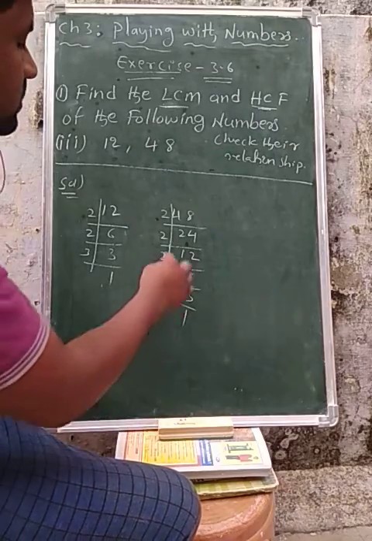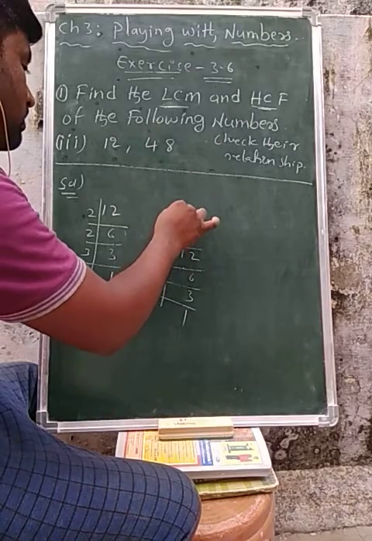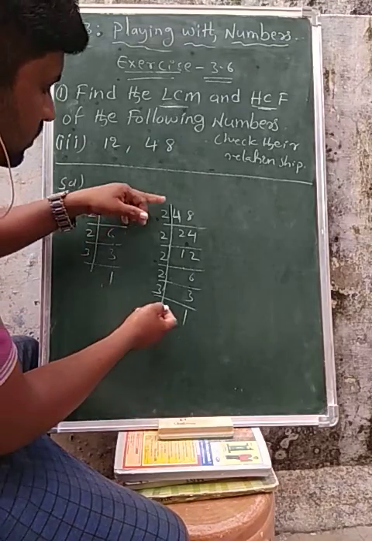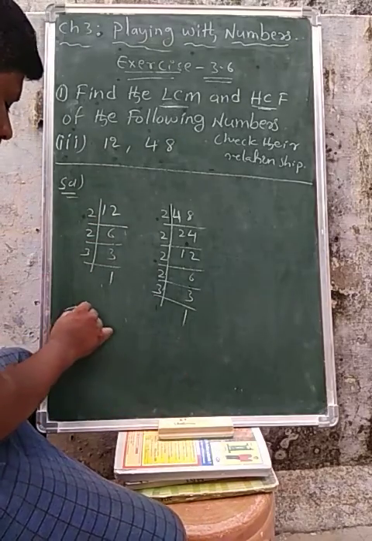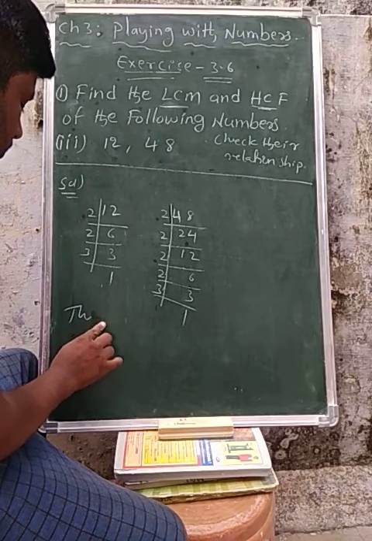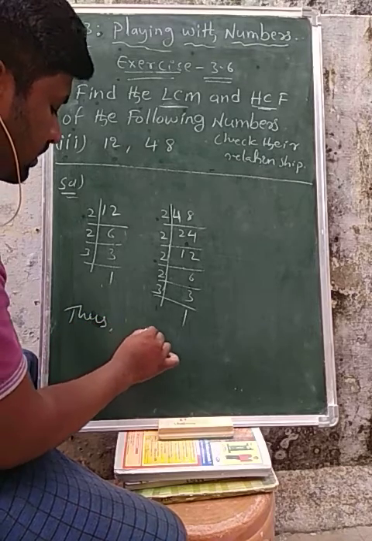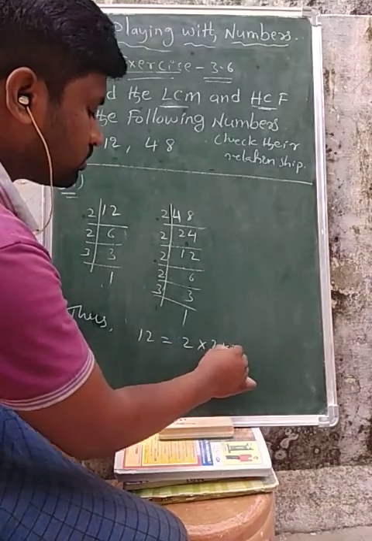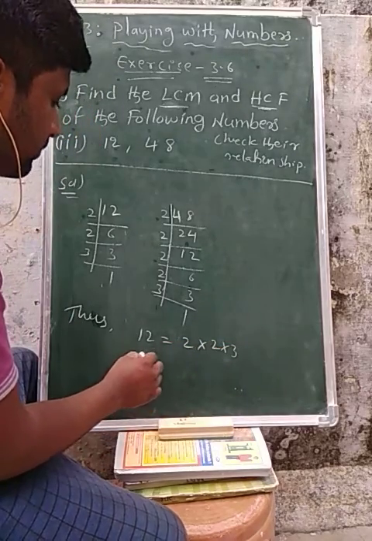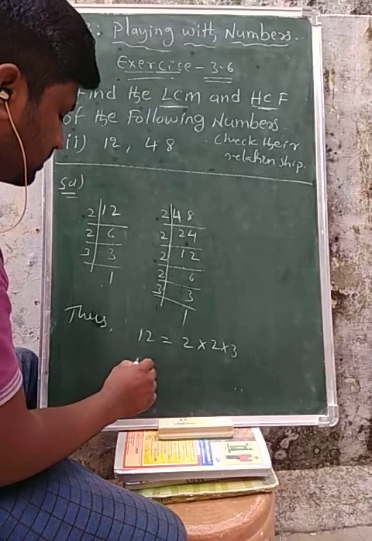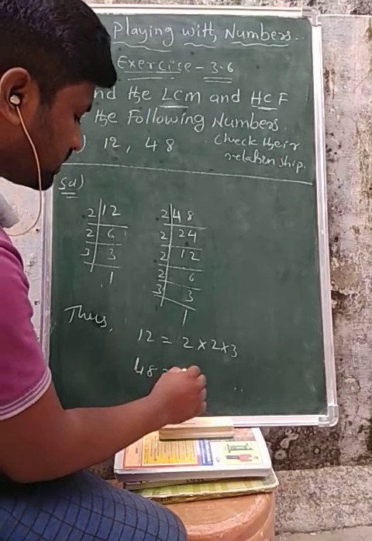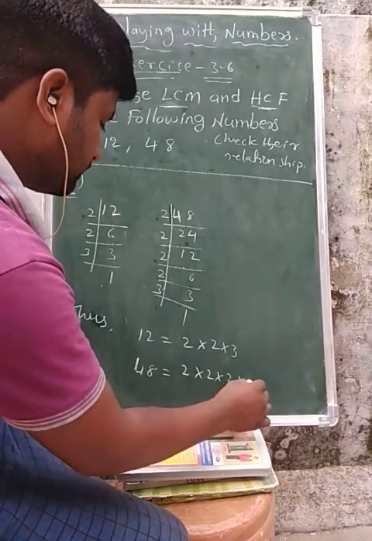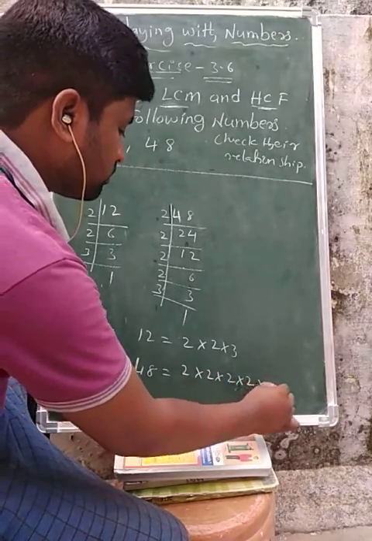So you can express the prime factors of 48 like this. Thus the prime factors of 12 we can write as 2 into 2 into 3, and the prime factors of 48 are 2 into 2 into 2 into 2 into 3.